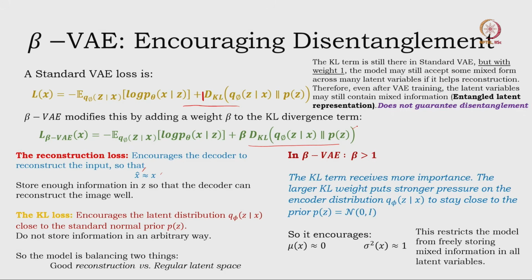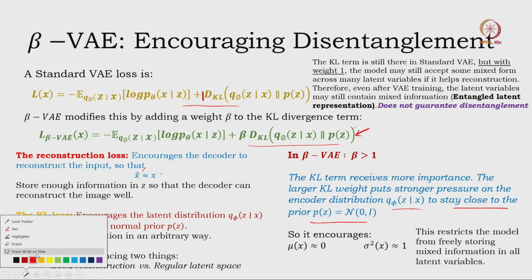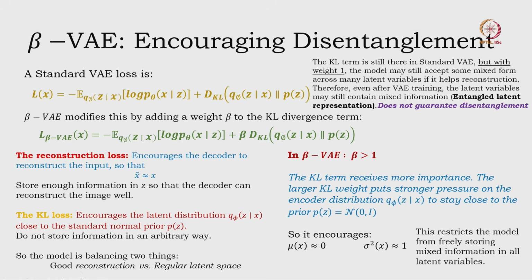So this is the Beta-VAE, where the loss function remains exactly the same as standard VAE, but there is one regularization term called beta, and beta value should be greater than 1. When it is greater than 1, how are we achieving this? There is a little stronger pressure on this particular term. What is that? The encoder distribution should stay closer to the prior distribution. When you are enforcing that, this ensures that the model does not capture too much mixed information in a latent variable.